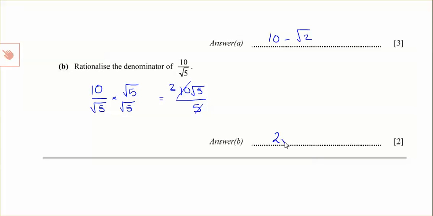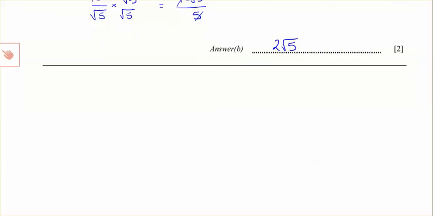So the answer is 2 root 5. Okay. I think I did give a mark for 10 root 5 over 5. Okay. Because all they've asked you to do is rationalise the denominator. They haven't said simplify. But be careful with that one. Okay.